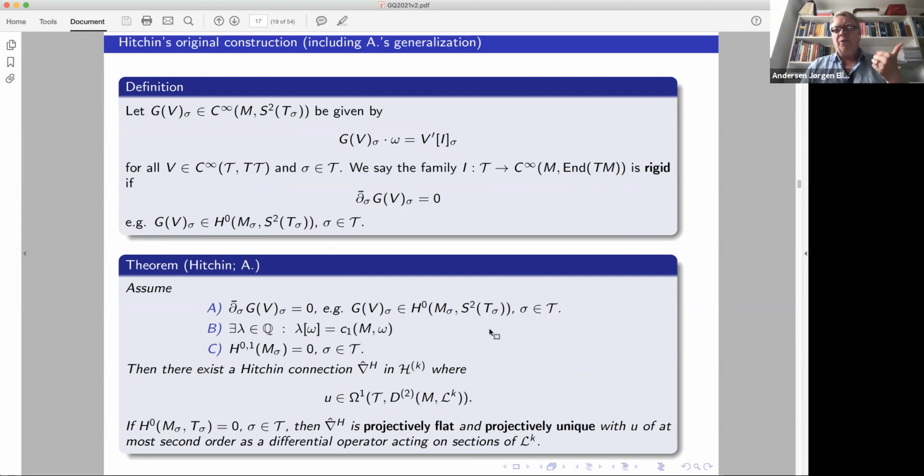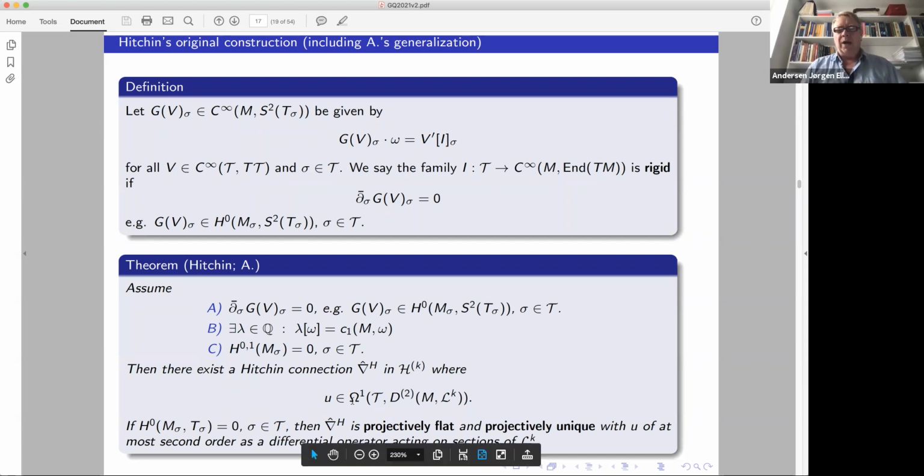Okay. Now, the theorem says in that case, if we assume rigidity, so G is always holomorphic, and if we assume two more things, which I call B and C: the first one is a kind of Fano-type condition, namely that the first Chern class of the manifold is proportional to the cohomology class of omega. And the second one is that H^{0,1} of M is 0. If you have that, then you can actually prove that there exists a Hitchin connection in the subbundle of holomorphic sections.